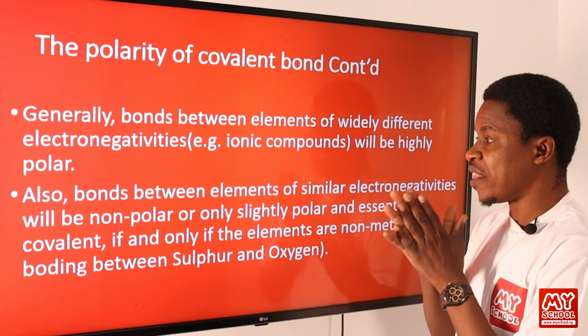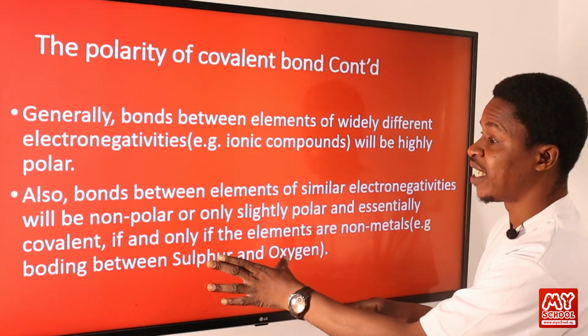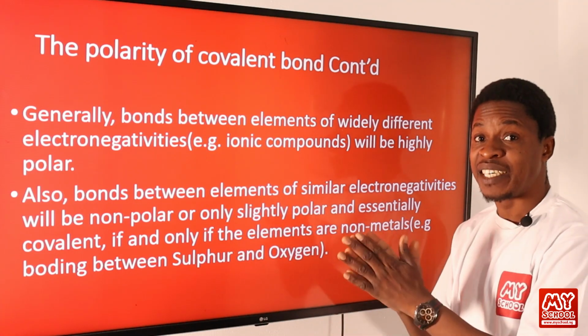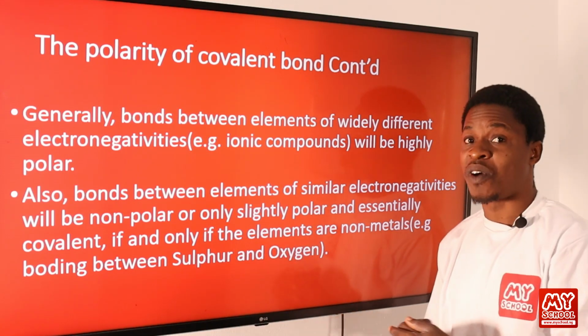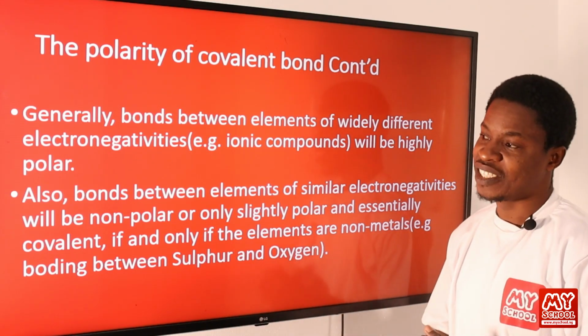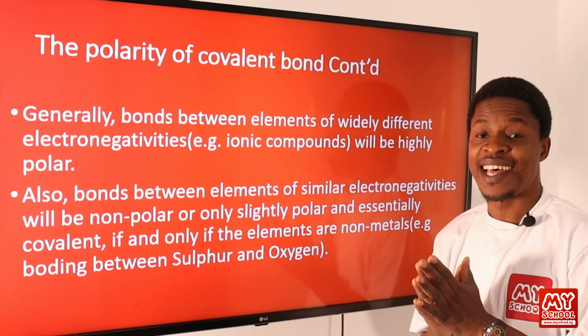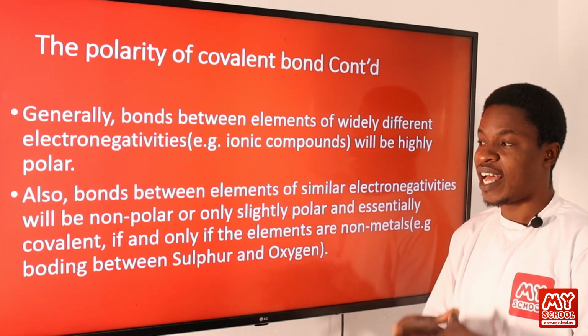So the bonding between these two elements, because they have similar electronegativity, is going to be covalent. So if sulfur reacts with oxygen to have SO2, for instance, because they are bonded together covalently, they are going to have a non-polar molecule.